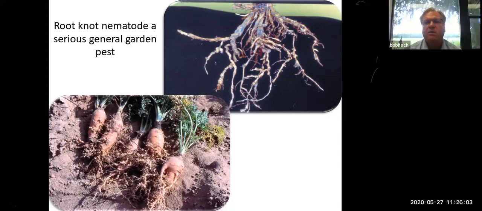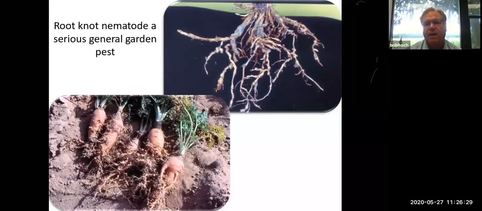To diagnose this one, oftentimes we'll say, well, what did the root system look like? And they say, well, I pulled up the root system. I didn't see any galling. Well, really what you need to do is to dig the root system up and gently get a look at it. When you just pull the plant up, the root system is so weakened that a lot of times it does not come out of the ground.